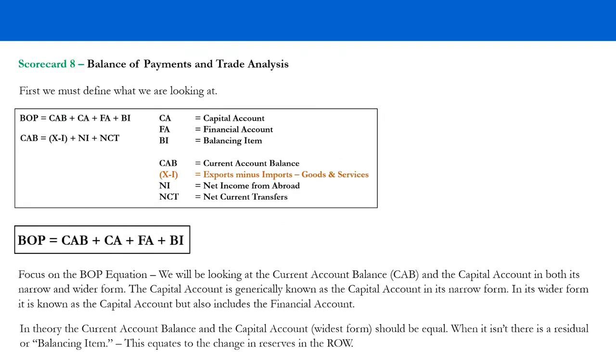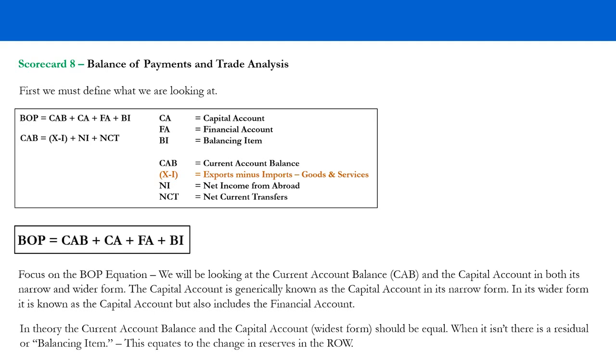First, we're just going to define exactly what we're looking at. Much earlier in the video series, in Foundation, we introduced you to the balance of payments and the current account balance as part of that, with the capital account, the financial account, and the balancing item.